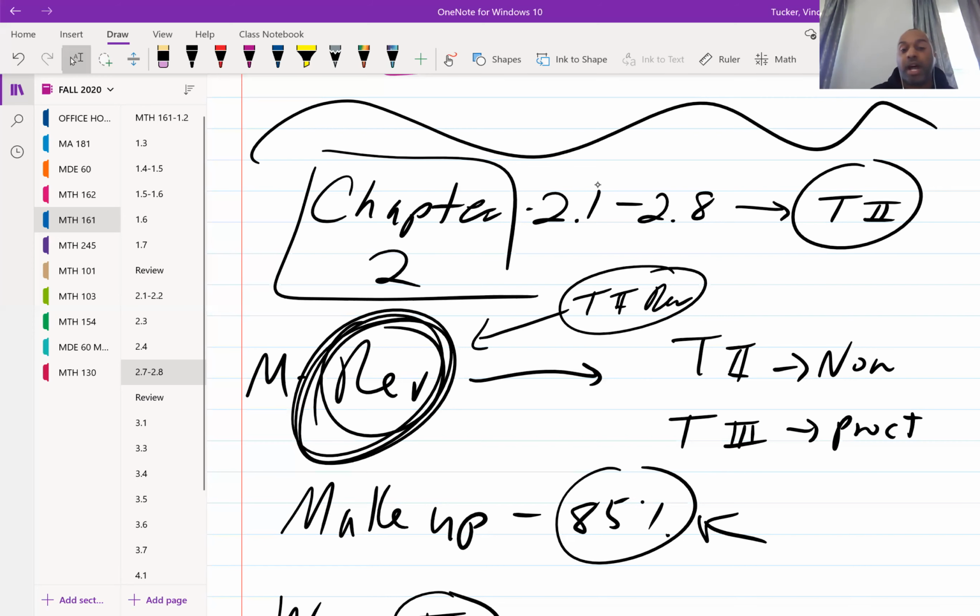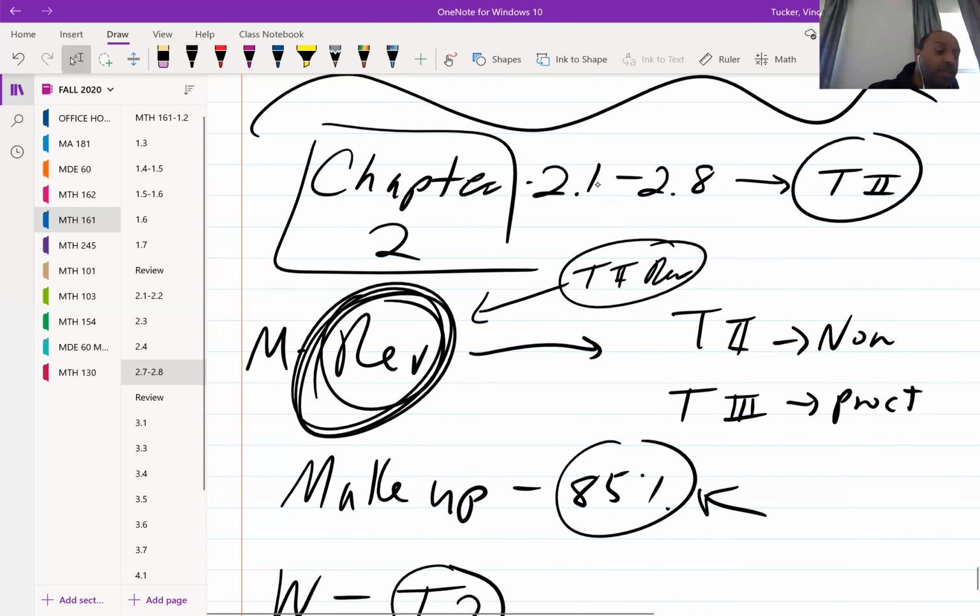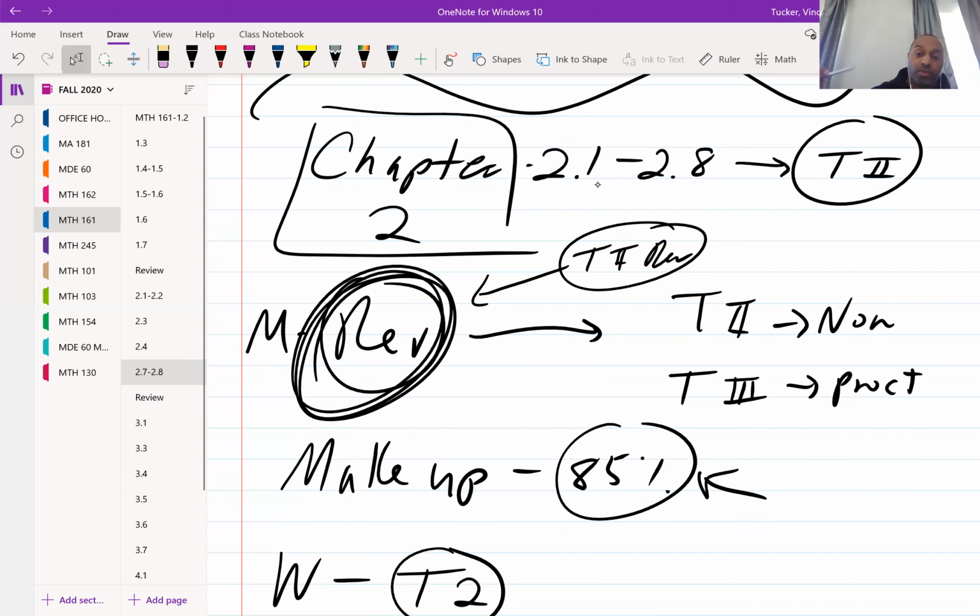Now, what I will offer you as well is a makeup. Let's say you don't do as well as you like on that test. On the makeup, the highest you can get is an 85%, in all fairness to it actually being taken in real time. Remember, on makeups I'm not timing you, and I'll give you 2 shots to get the best grade possible.